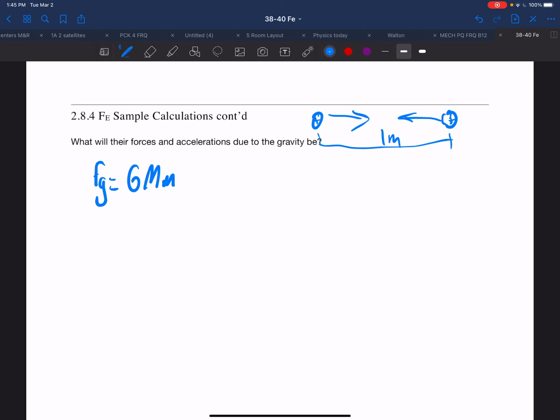Well, that force of gravity is big G, big M, little m over r squared. So that's 6.67 times 10 to the minus 11th, times the mass of the proton. The mass of the proton is 1.67 times 10 to the minus 27th.